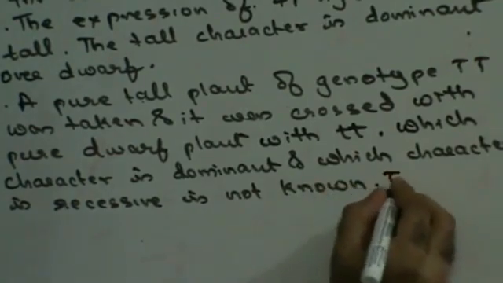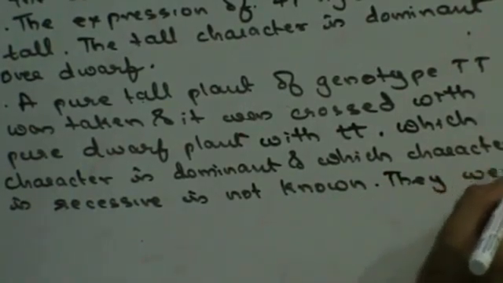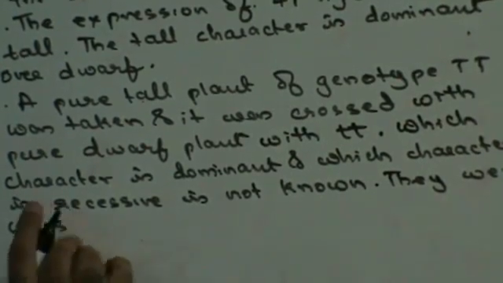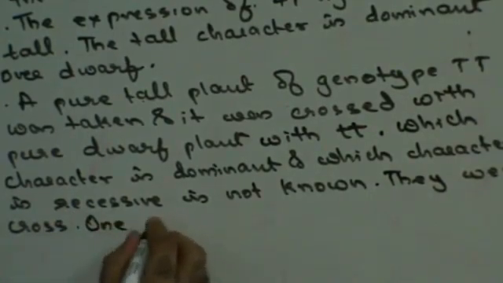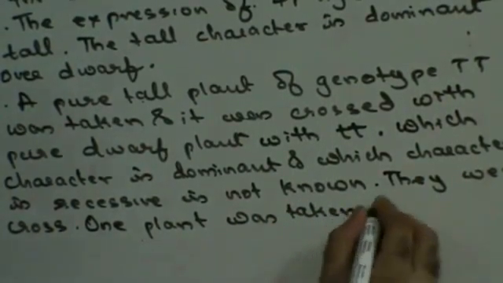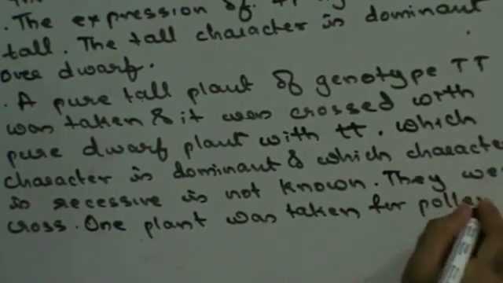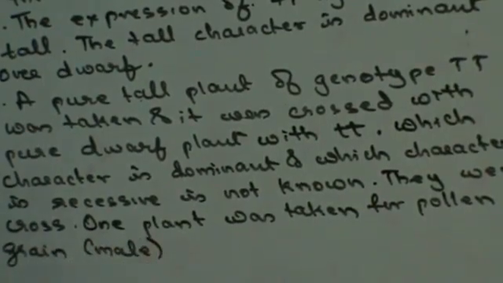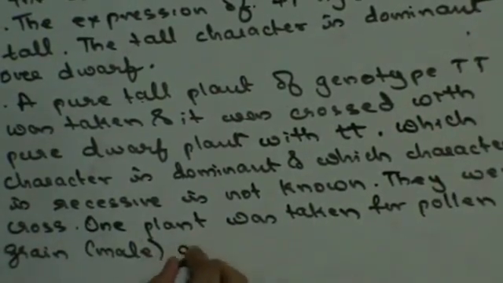Right? Now, they were crossed. Once they were crossed, you would get a seed, right? One plant was taken for pollen grain, that is, it was taken as male, and the other plant for egg.